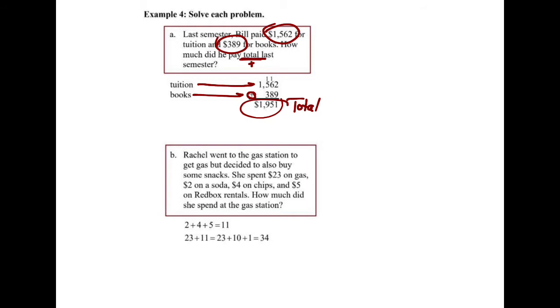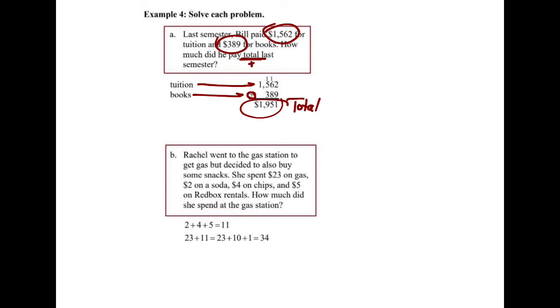All right, the bottom one here, and then we'll get into ours. Rachel went to the gas station to get gas, but decided to also buy some snacks. She spent $23 on gas, $2 on soda, $4 on chips, $5 on Redbox rentals. How much did she spend at the gas station? Couldn't we throw in a word here? How much did she spend total at the gas station? Because we're going to add them all together, aren't we?